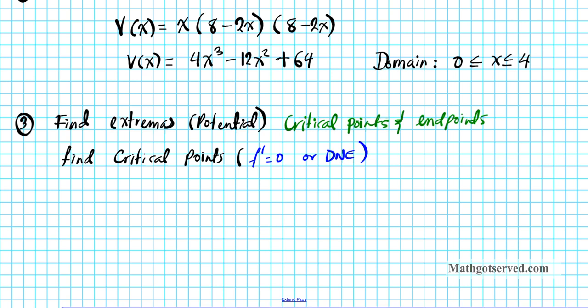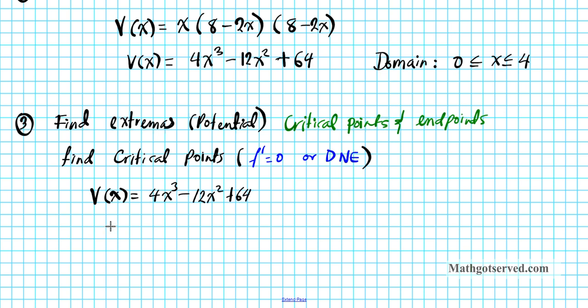All right, now since we have the function, we're just going to differentiate it once. Let's rewrite V of x. V of x is equal to 4x to the third minus 12x squared plus 64.